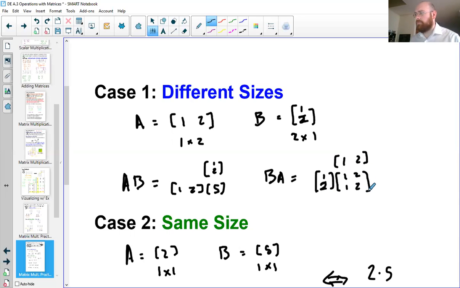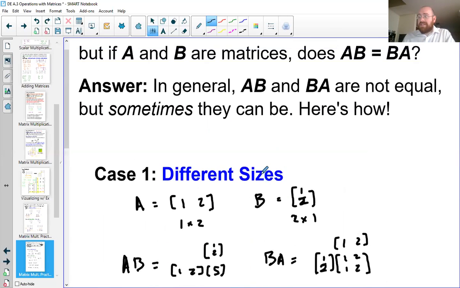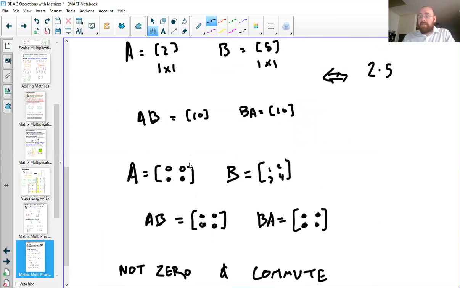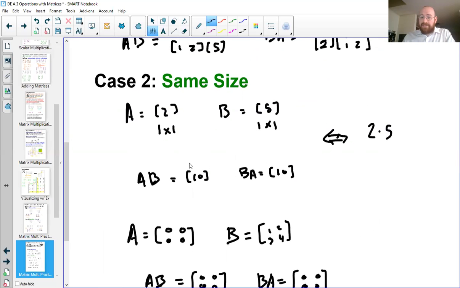So even though it is sometimes true for the same size, no matter the matrix we pick, it is always going to be different if the matrices are different sizes. And so part of commuting sometimes requires, at minimum, that they're the same size.